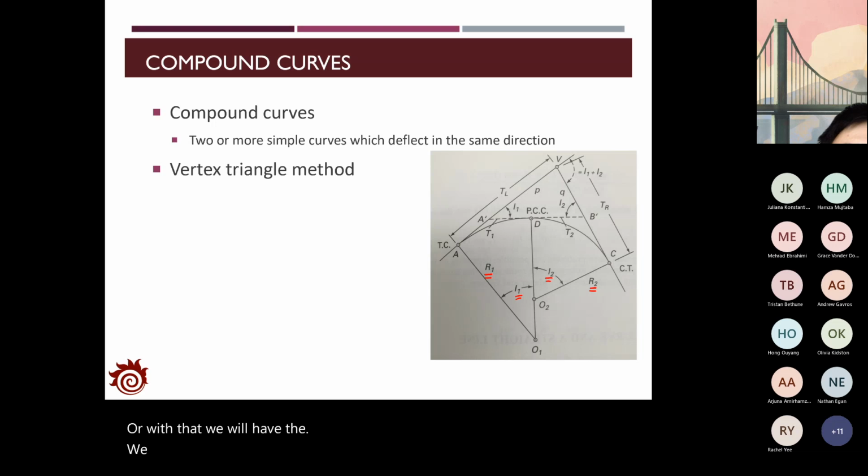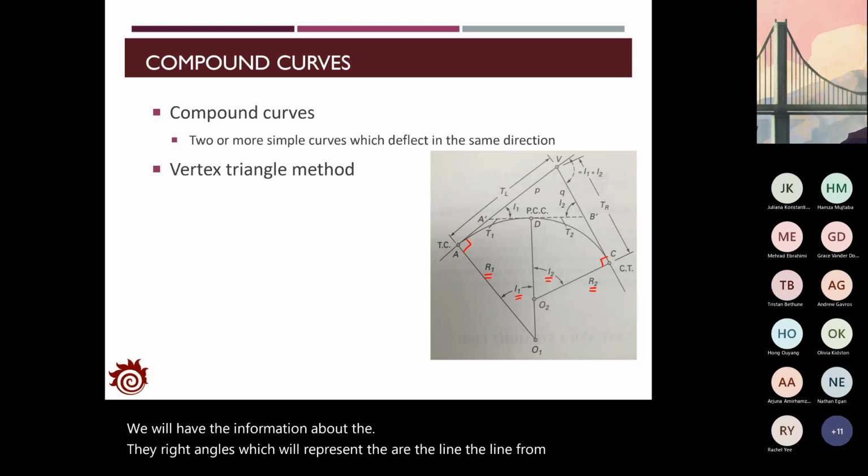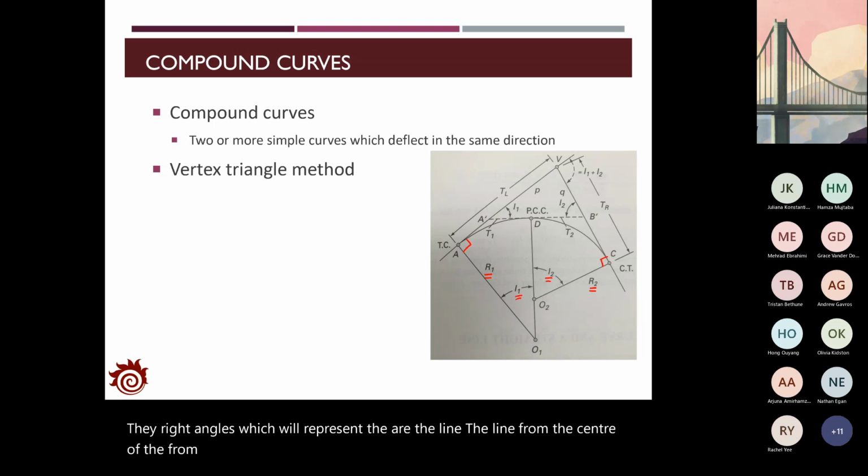With that, we will have the information about the right angles, which will represent the line from the center of each arc to the tangent point.